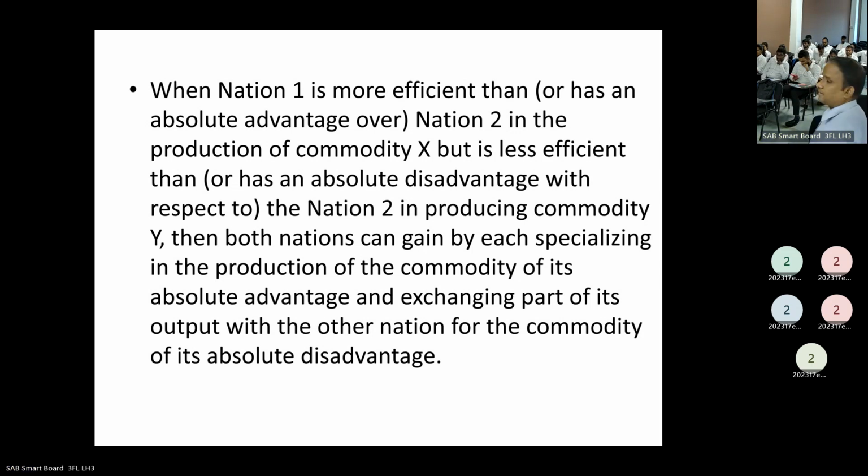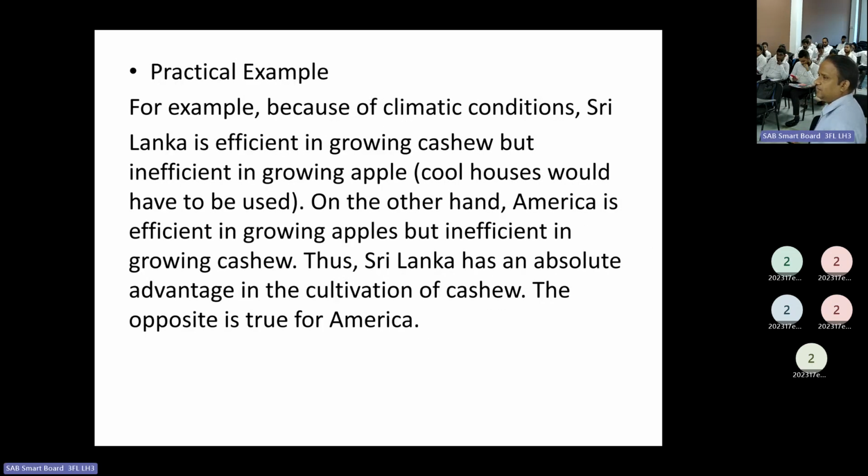Now, for an example, take Sri Lanka and cashew. We can produce cashew with high efficiency and quality, but we cannot produce apples, except maybe in cool houses.